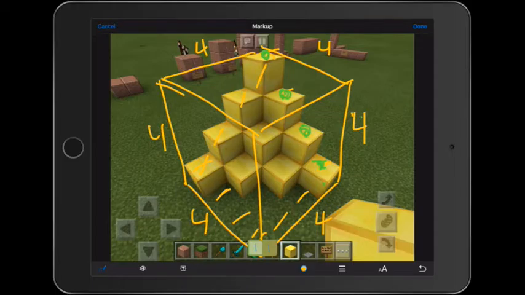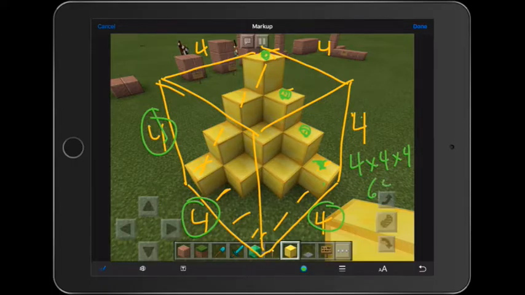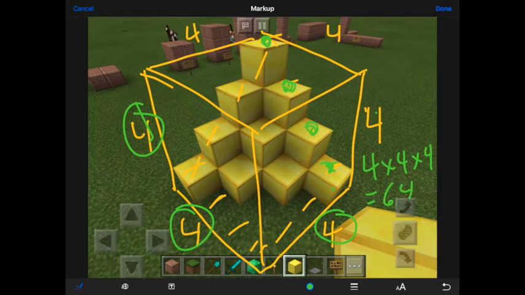So I have a lot of numbers here, but remember I only need 3: the length, the width, and the height. So those 3 dimensions, 4 times 4 times 4, which is 64. So again, the volume of this shape is going to be 64.